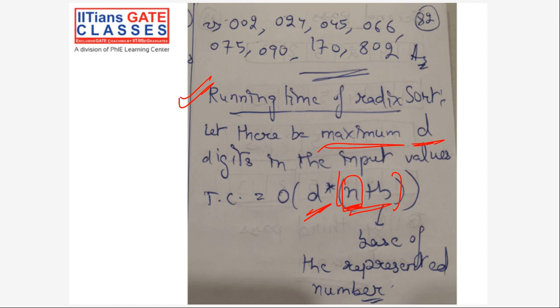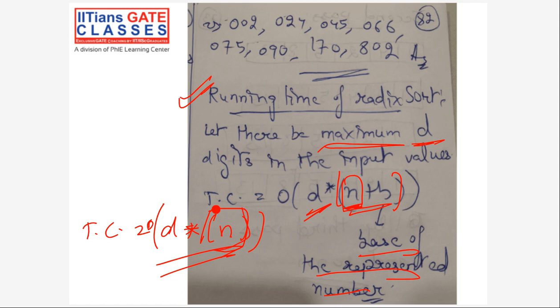B is the base in which number is represented. So for simplicity, you can just write this as order of d into n, where n is the number of elements, because you are applying counting sort d times. Number of digit times you are applying counting sort. So this will be the time complexity.